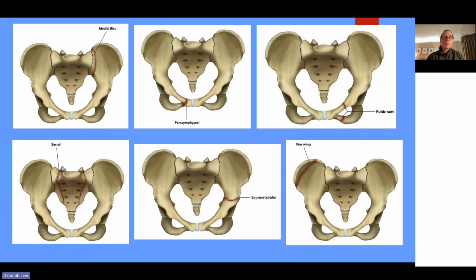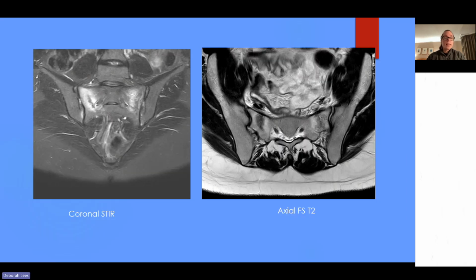to be injured. And you can see this is showing again on the fluid-weighted sequences. So this is your STIR and this is your fat-suppressed, fat-saturated T2. You get the bright signals that come through there. This is an axial scan. There's your iliac crests going out the side.